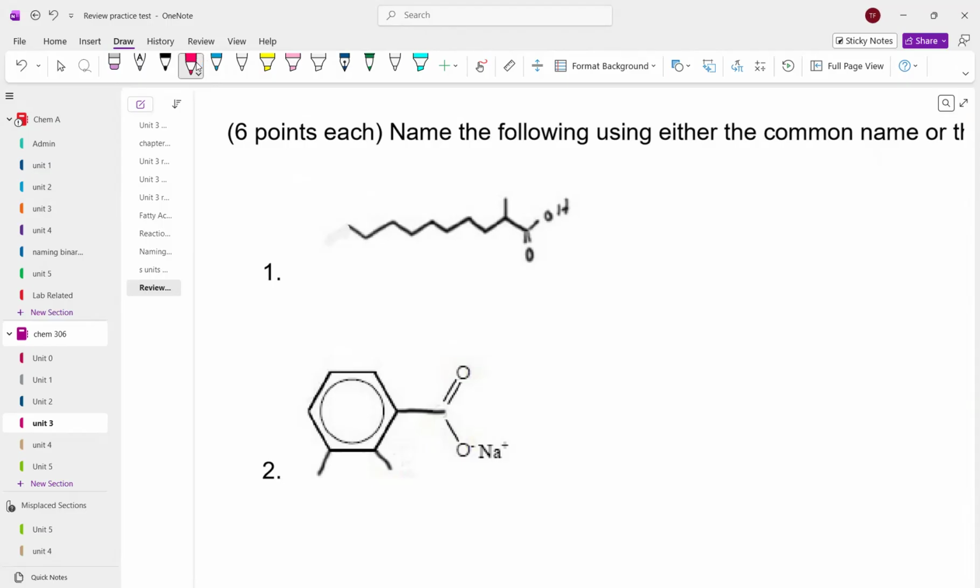So that's going to be a decanoic acid with a branch at carbon number 2. So that's 2-methyl decanoic acid.